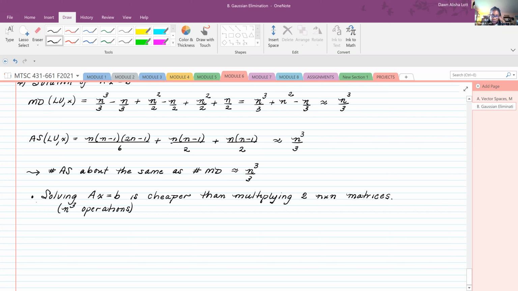The second thing is that approximately n squared operations are necessary to solve AX equals B once you know A is equal to LU.